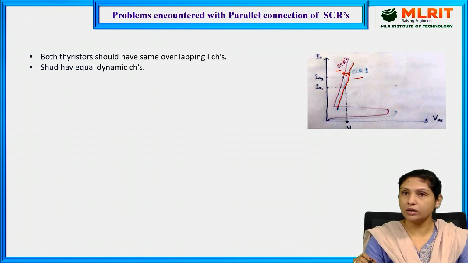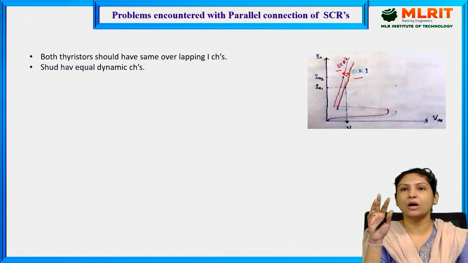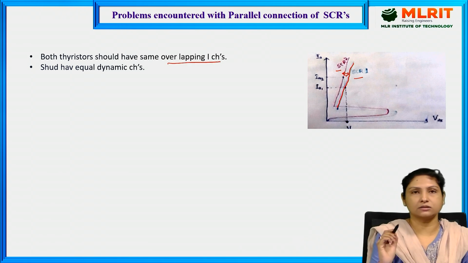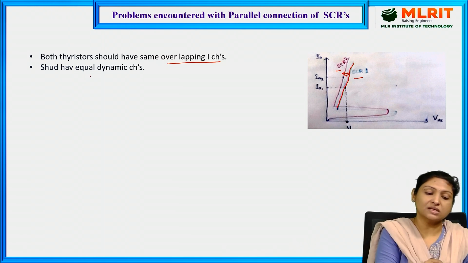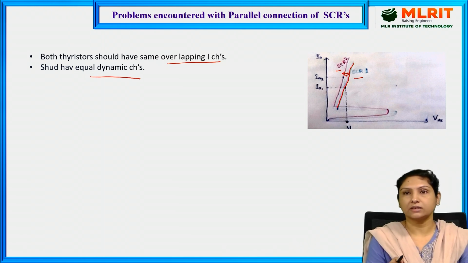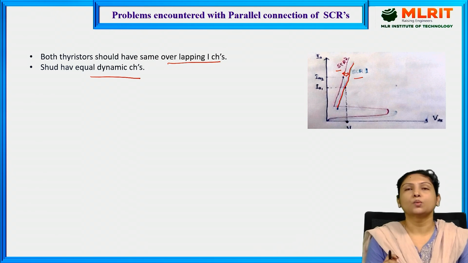If we need to connect two SCRs in parallel, we need overlapping current characteristics, whereas here there is a difference in the current characteristics of the two SCRs. They should also possess equal dynamic characteristics during turn-on and turn-off time. So these are the two problems encountered with parallel connection of SCRs.